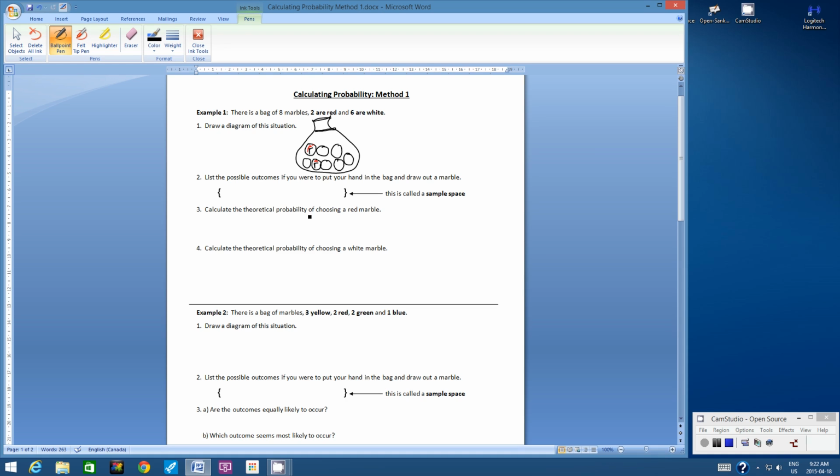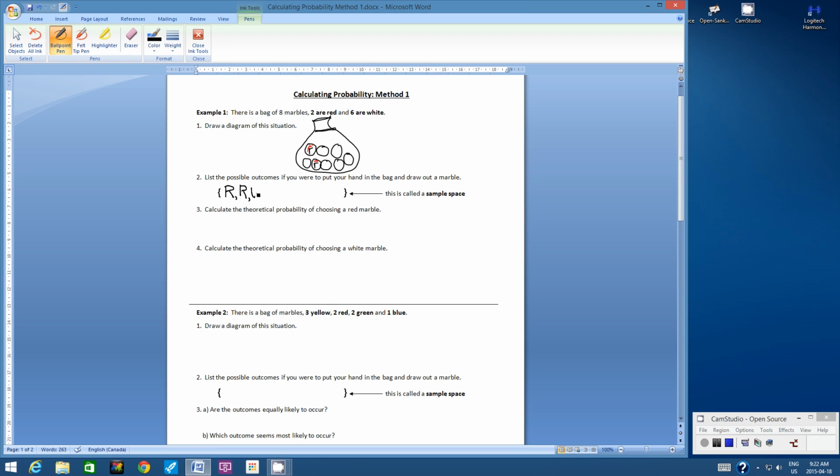So if we put our hand in without looking and we draw out a marble, well, the easiest way to organize it is we could draw out a red, and then we can draw out another red because we know that there are 2 red marbles in the bag.